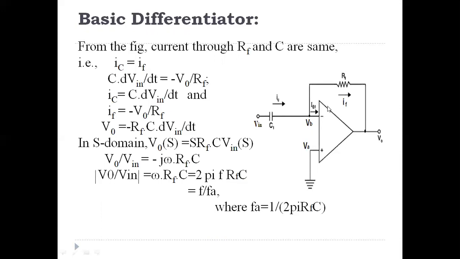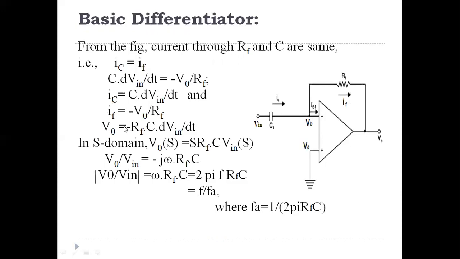Already we know the difference voltage here, that is Vb minus V0. For this current we have two voltages, Vb and V0. Vb is 0, so 0 minus V0 means minus V0 by RF is the current flowing through the resistance RF.